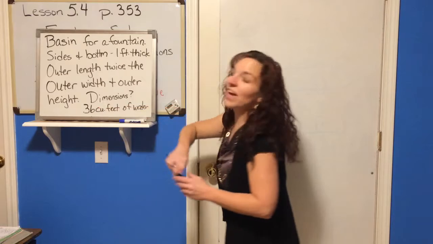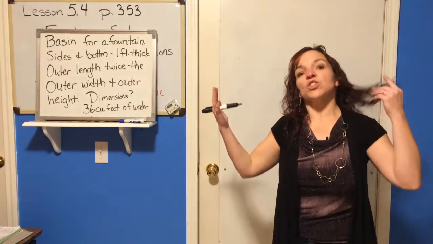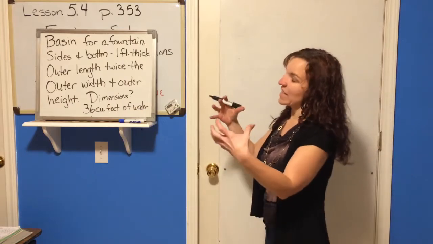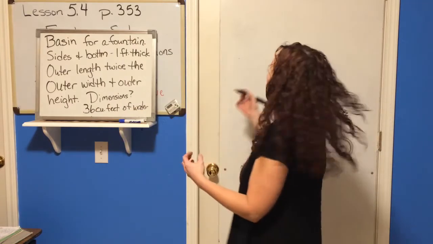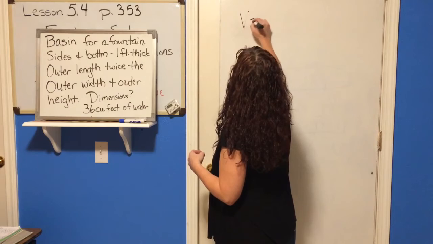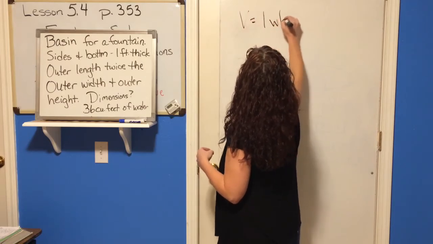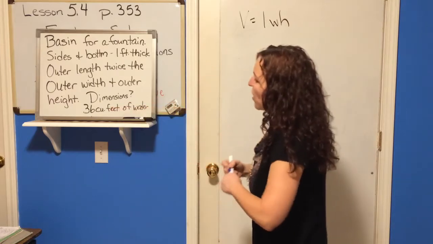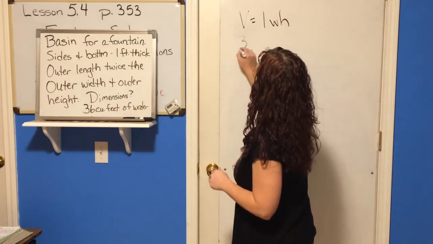So you'll know that you've got to start with a formula. You've got a basin that is a rectangular solid. So you want the volume to equal length times width times height. And so you plug in the parts you know. You know your volume is 36 cubic feet. That's how much you want it to hold.